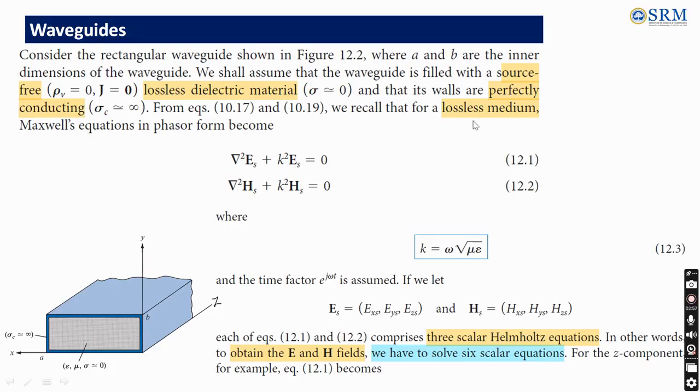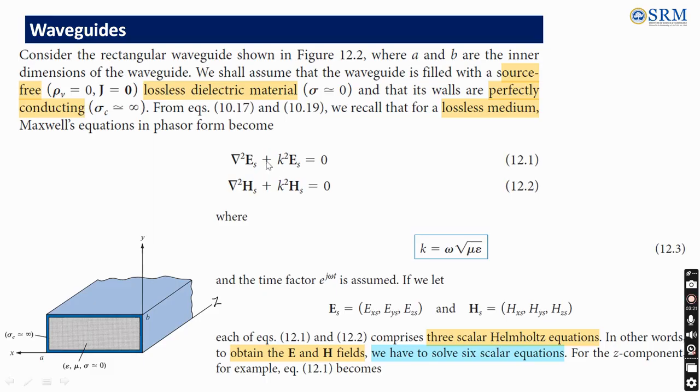We know that for a lossless medium, the Maxwell equations in phasor form give the Helmholtz equation. We know that del square Es minus gamma square Es is equal to 0. Since gamma is the sum of the attenuation and phase constant, and in a lossless medium there is no attenuation, instead of gamma we get j beta. So gamma square is minus beta square.